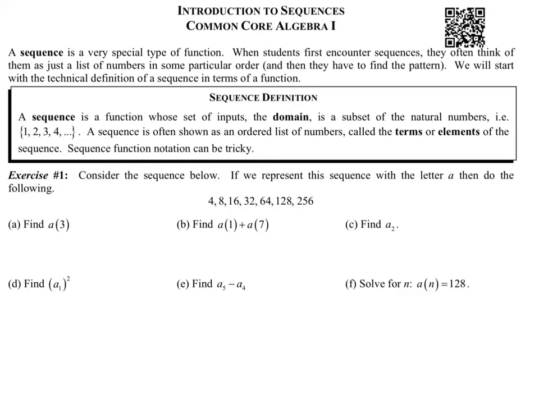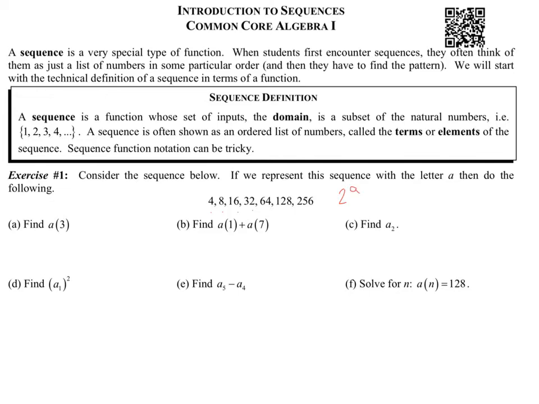Could be 2 squared, 2 to the 3rd power, 2 to the 4th power, 2 to the 5th power, and so on. So it is 2 to the A power. Sorry, A power, not X power. 2 to the A power. So A is what you're going to plug in.